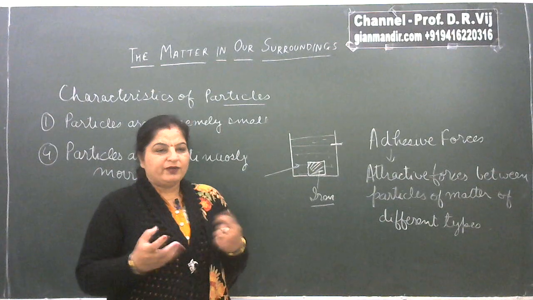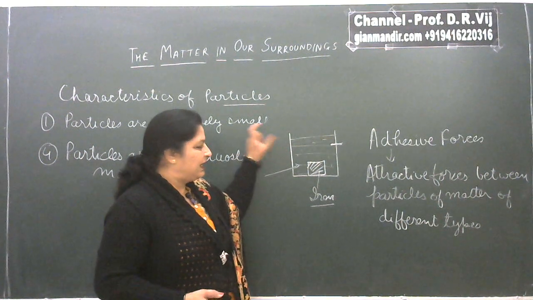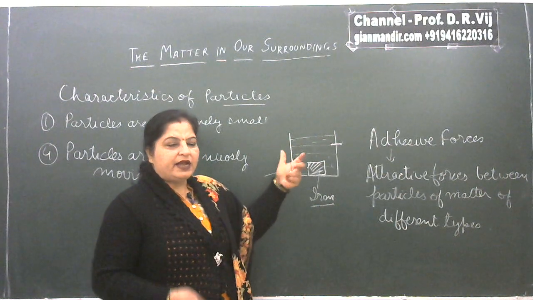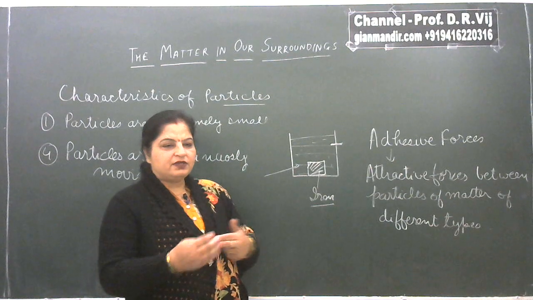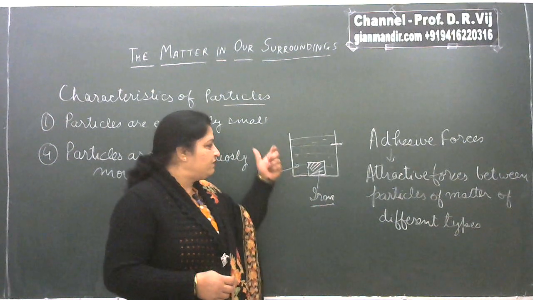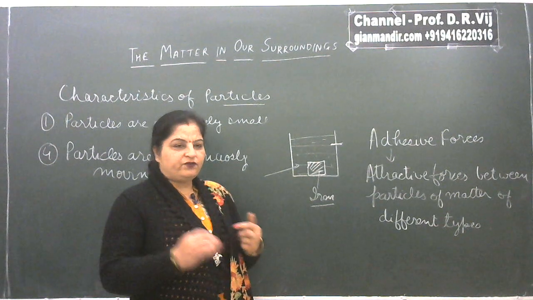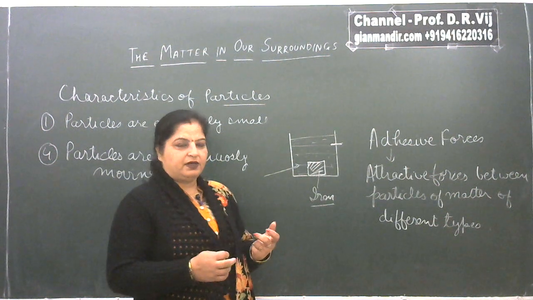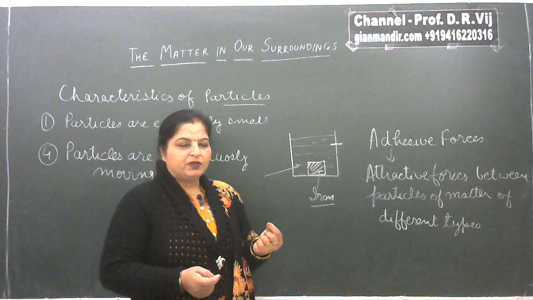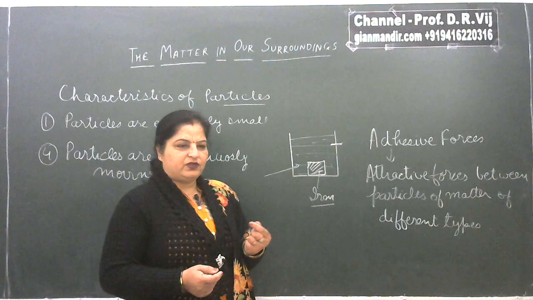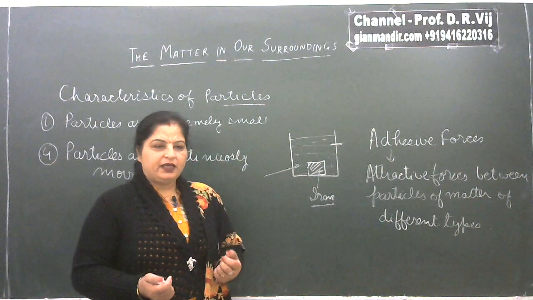For example, when you put some water on a glass surface, that surface is wetted, right? Why? Because there is an adhesive force between water and the glass surface. But if we put a drop of mercury on the glass surface, you don't see the glass getting wetted by mercury, although mercury is also a liquid.